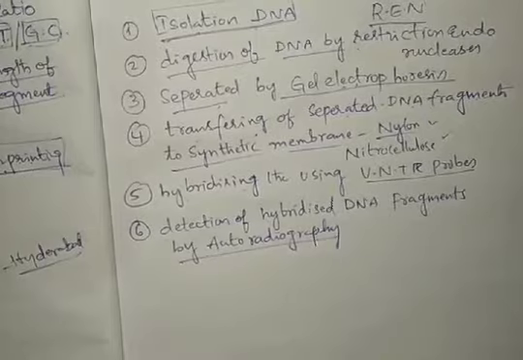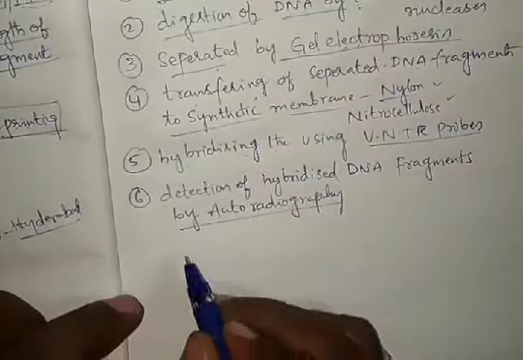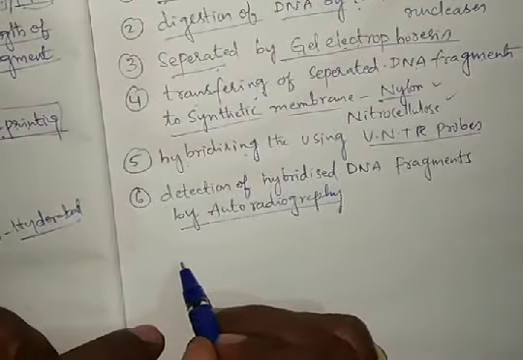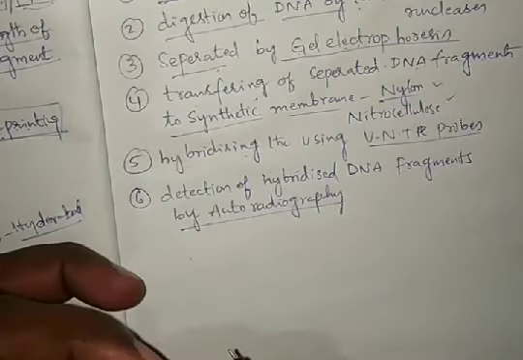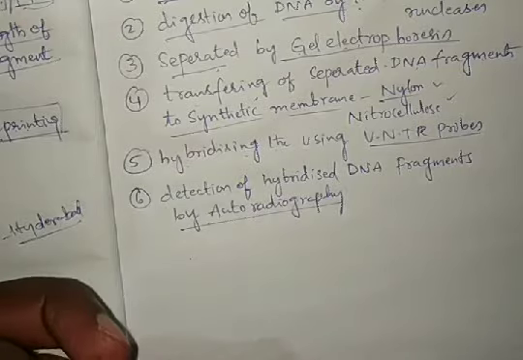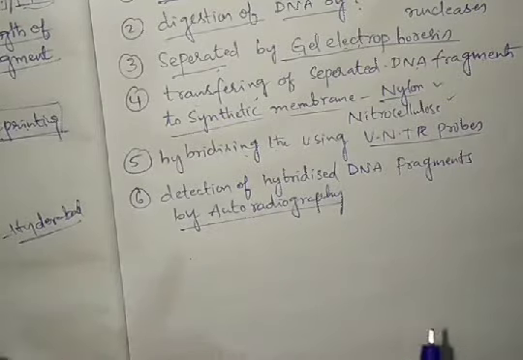How is the DNA isolated? Isolation of DNA means using some chemicals on the cell, dissolving the cell membrane and nuclear membrane.